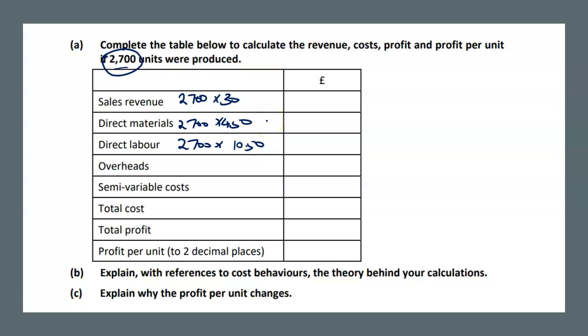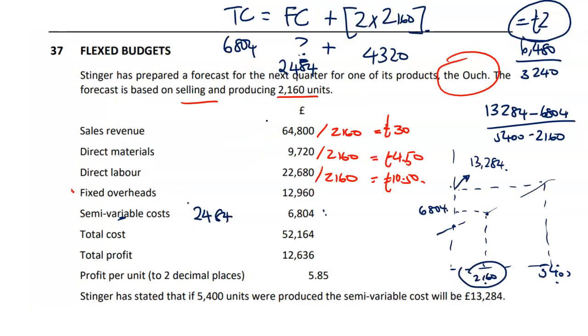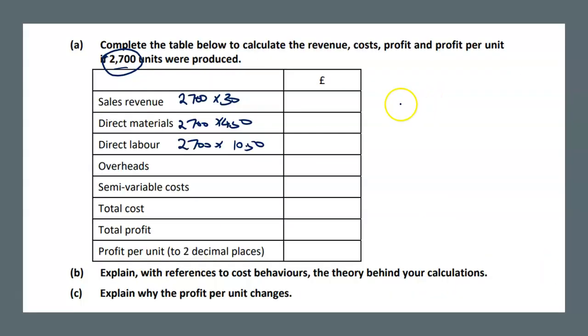Right. The fixed overhead is a fixed overhead. That's not going to change. 12,960. With the semi-variable, I can tell you 2,484 as a fixed cost plus £2 times 2,700. That's the whole point of this, that we can extrapolate and do other things, right? So let's just, why not? Let's add this all together.